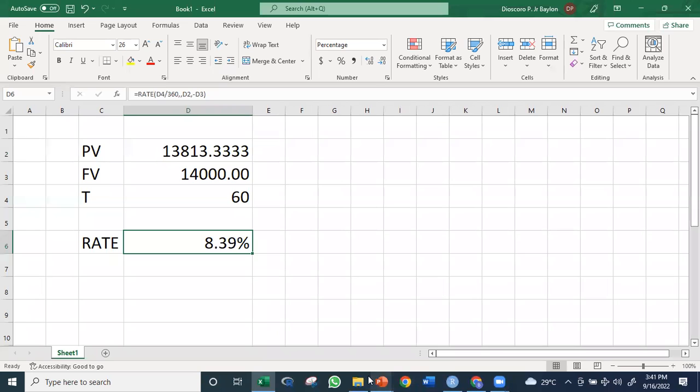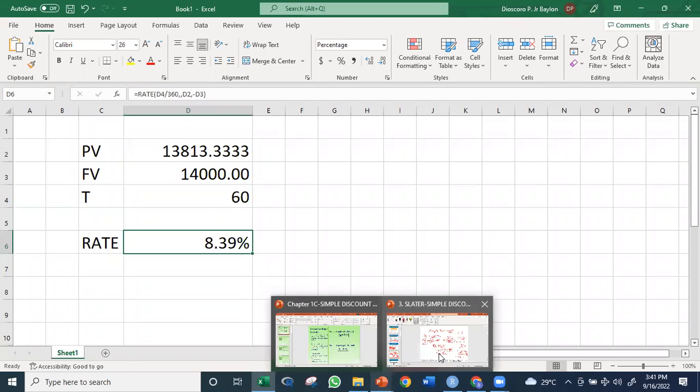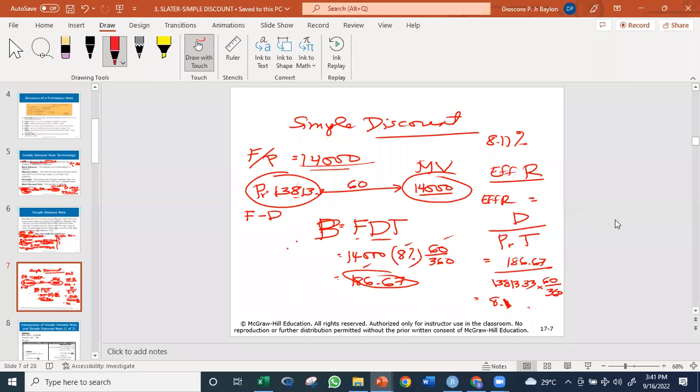So although the values might not agree, we can all conclude with certainty that indeed for a simple discount, the effective rate will always be higher than the simple interest. Okay. All right. Thank you again, Ethan, for that question. That's a great question. So it's actually a question for the next lessons that we'll be learning.